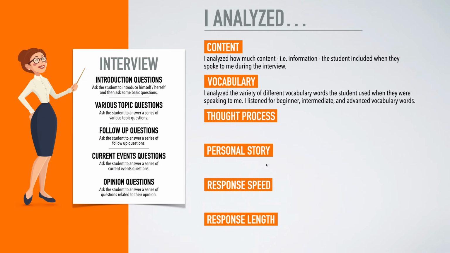Then I analyzed the variety of different vocabulary words the student used when they were speaking to me. I listened for beginner, intermediate, and advanced English vocabulary words. Again, the English fluency test is very in-depth. First, starting with content. Second, going to vocabulary. Are you using basic vocabulary words, intermediate vocabulary words, or advanced vocabulary words?